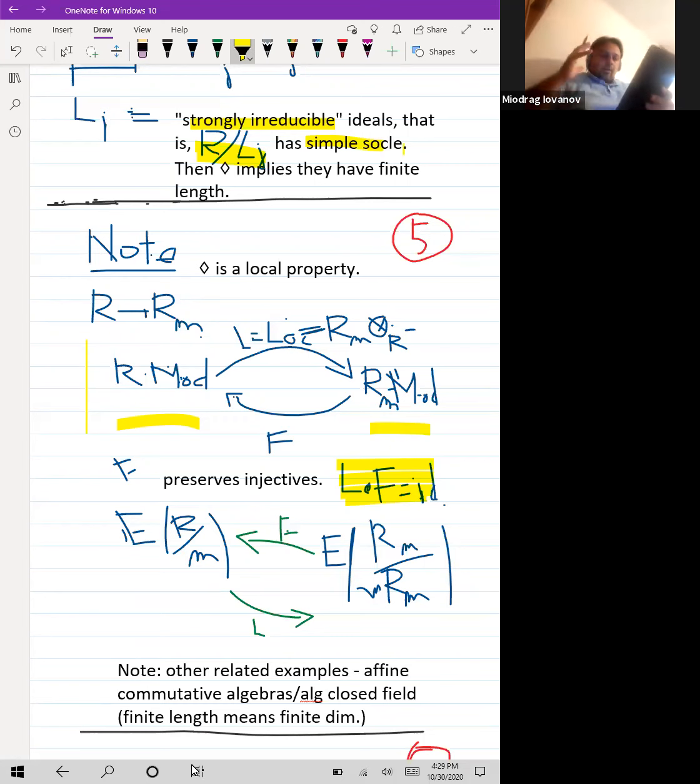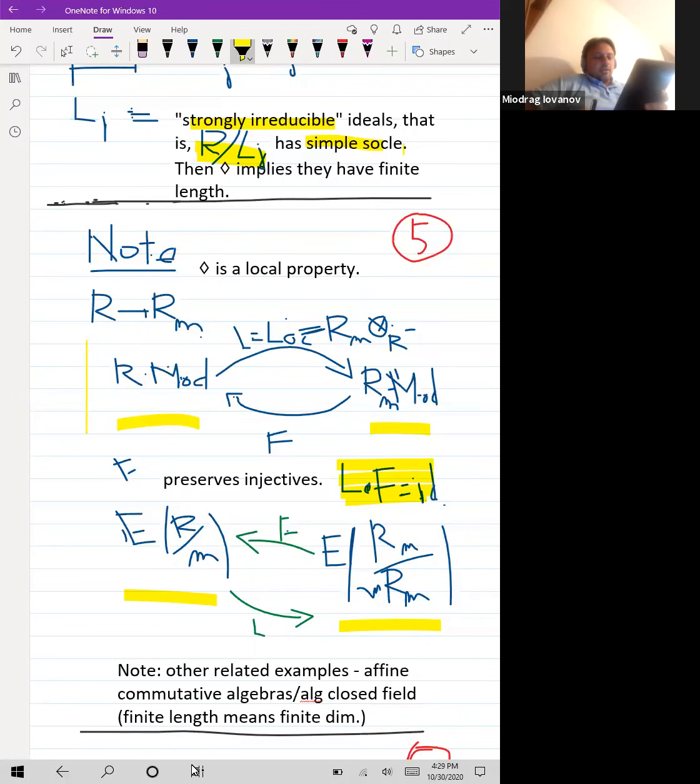So it may be very large and it's not necessarily locally finite, but the point is that you could just look at the injective hull of the simple module in this category and then take it via the functor F, and that will give you the injective hull in this category. So that just means forgetting that it's an R_M module and thinking of it as an R module. And that's all you need to see that this is a local property.